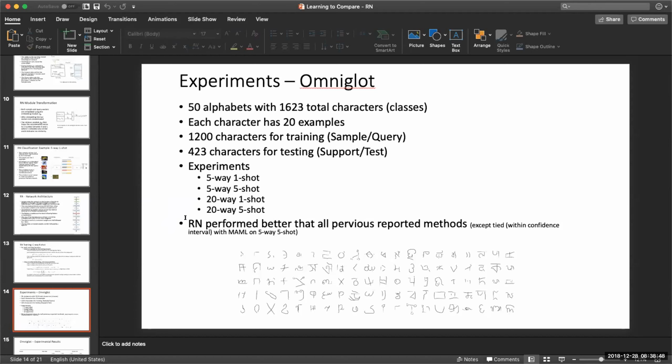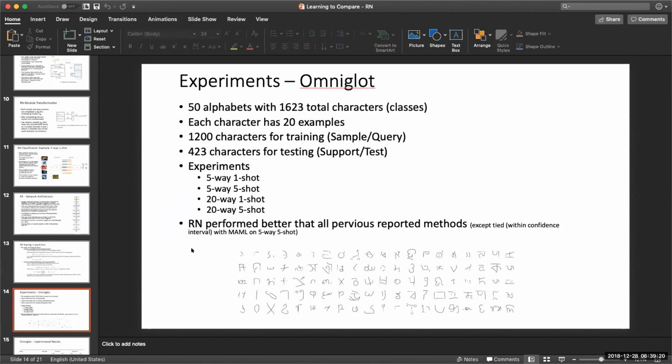So the summary of this is that the relational network, the network that's invented and described in this paper, performs better than all previously reported methods, except it's tied, in a sense, with MAML on the 5-shot 5-way.